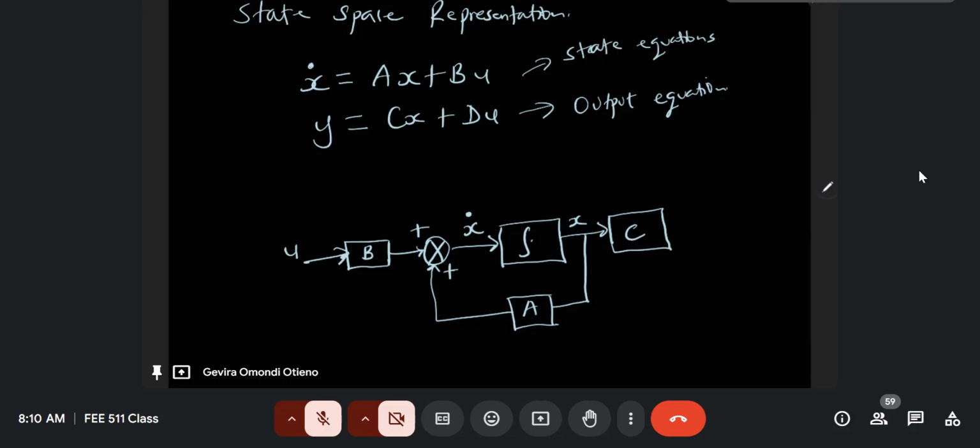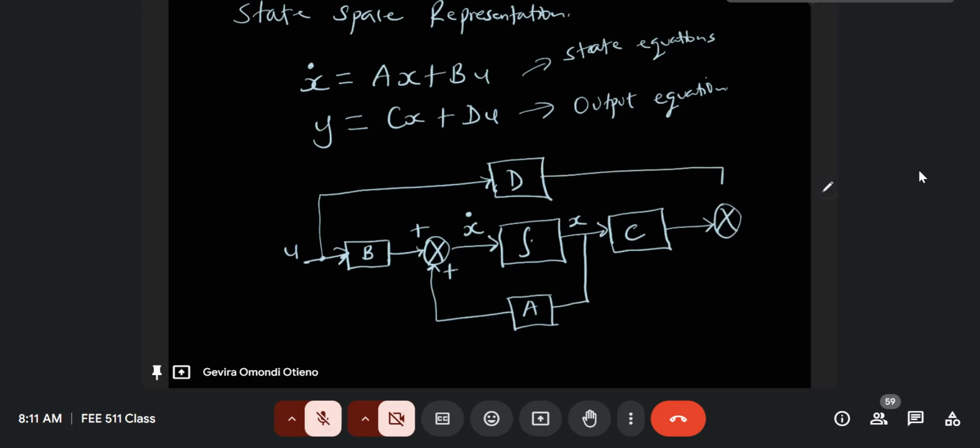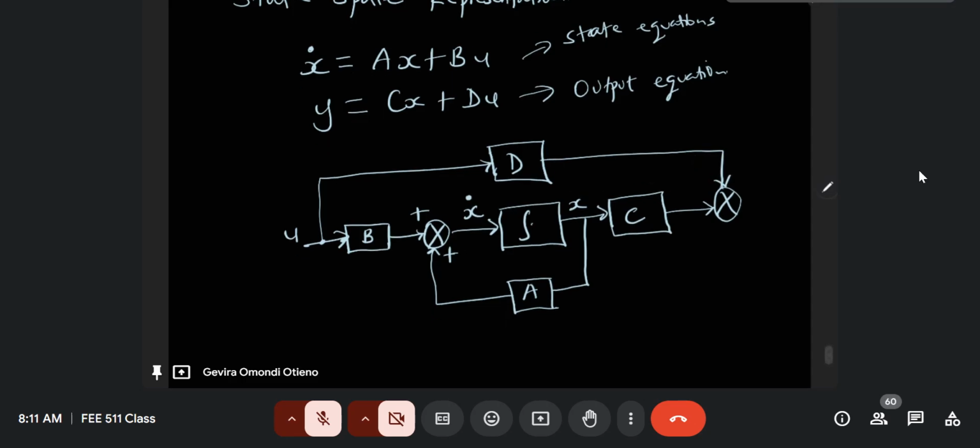Because we have cx, let's look for du. So that means we have to take u and multiply it with a d. So we have to put matrix d here. And then we have du, and then we have to sum them up. There's a summation that joins these two again, and I can put a plus and also a plus.